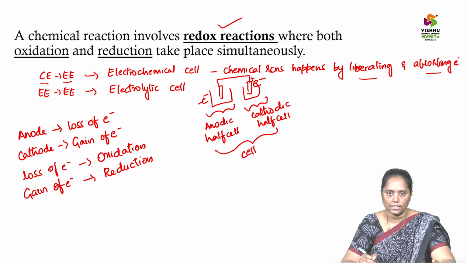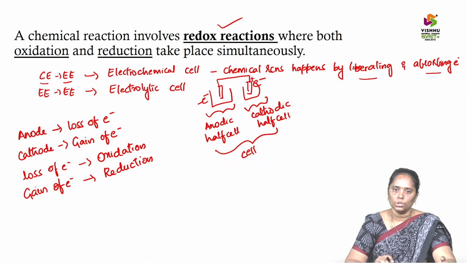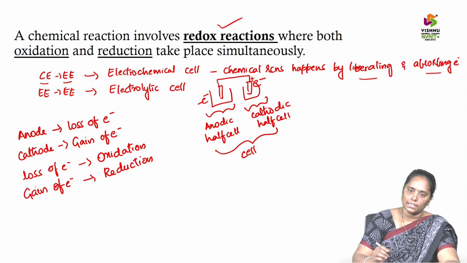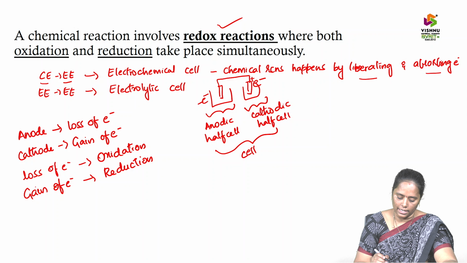What is this redox reaction? In the same chemical reaction, both oxidation and reduction take place. We cannot see an individual reduction reaction or an individual oxidation reaction in a single reaction. We can see both oxidation and reduction happening in a single reaction. Such reactions are called redox reactions.